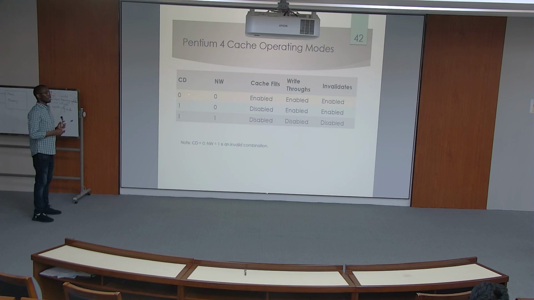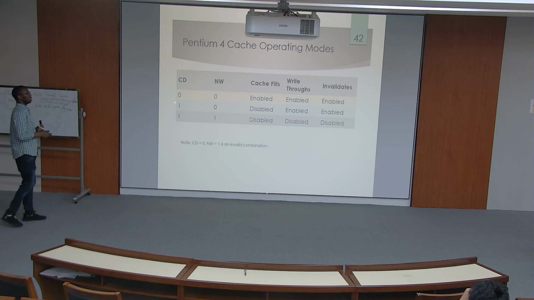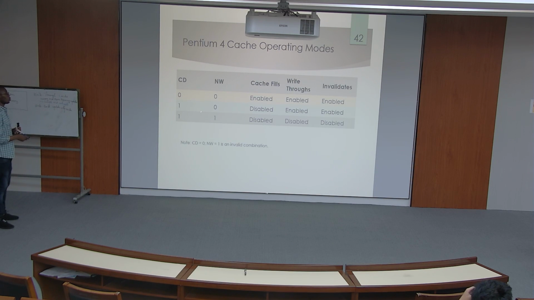When we have the cache disabled on, and no write, that means the cache fills are disabled, and the write-through is enabled, and then the invalidate is also enabled. So if we have both cache disabled and no write, which are all set to 1, the cache fills and the write-through as well as invalidate are all disabled.